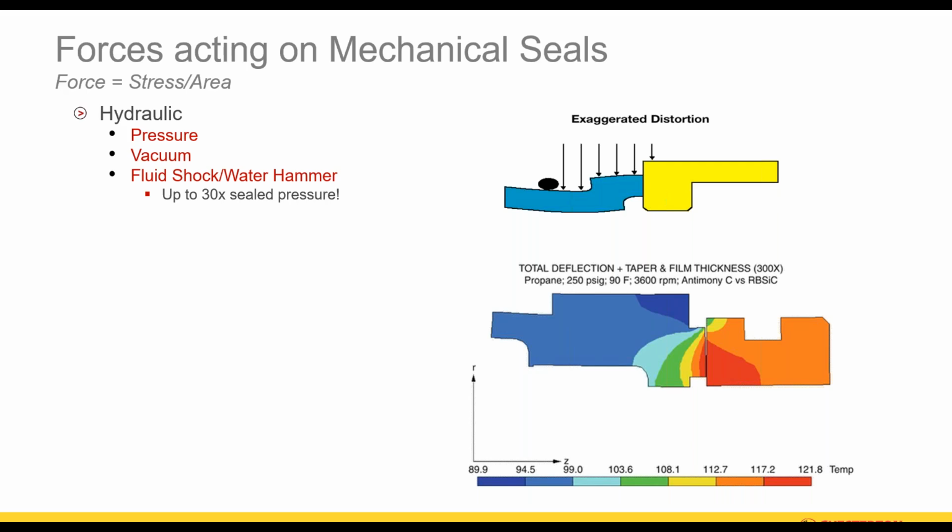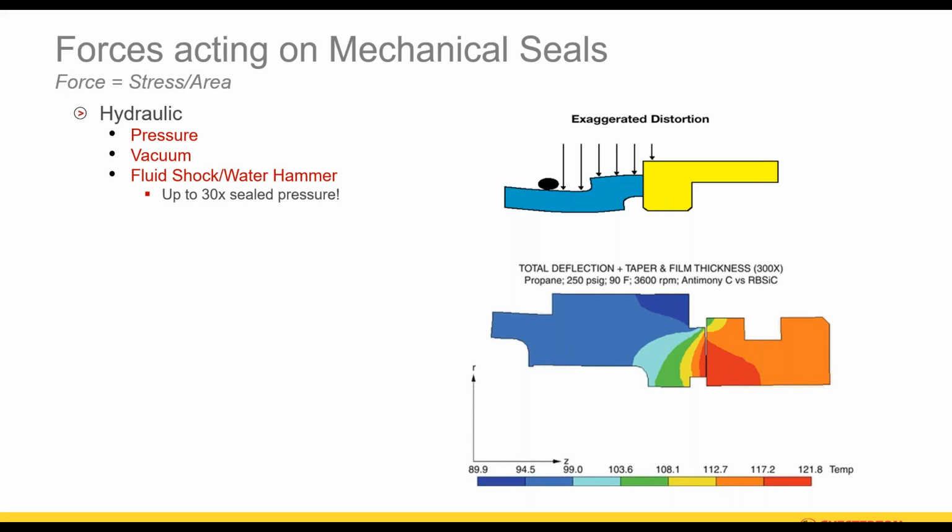Well, pressure or vacuum. One of the big ones that's not given a lot of thought is this concept of a fluid shock or water hammer. Data has shown that when a valve is closed too quickly, you can get a shock wave that goes through the entire pumping system and will end up in the pump stuffing box, hammering the mechanical seal. That water hammer can be upwards of 30 times the sealed pressure.